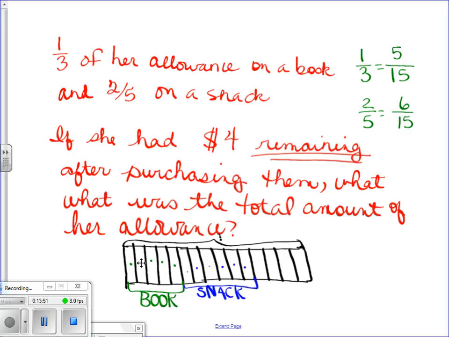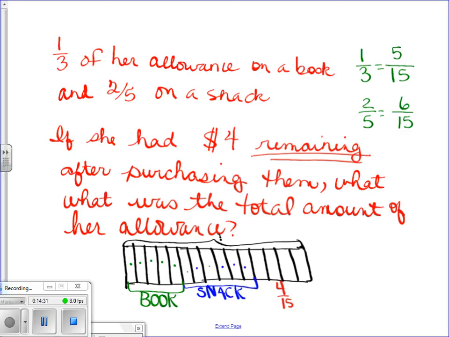So this ends up being 4/15. This is 4 units, 2, 3, 4. 4 out of 15, and each unit equals... Oh my goodness gracious.